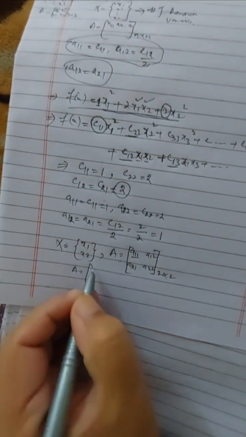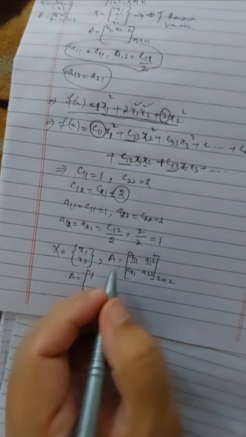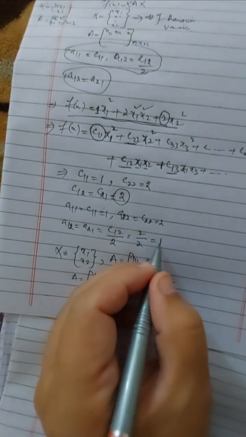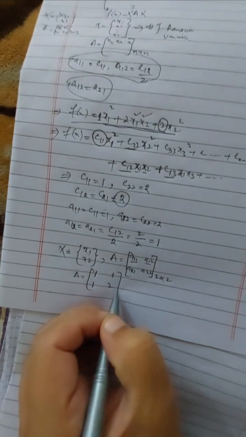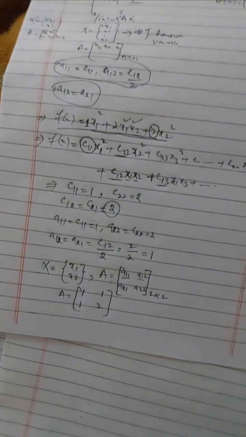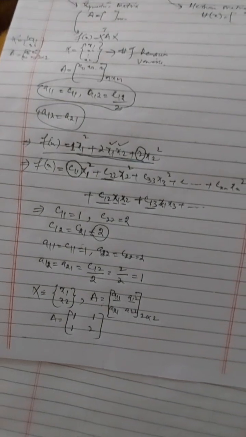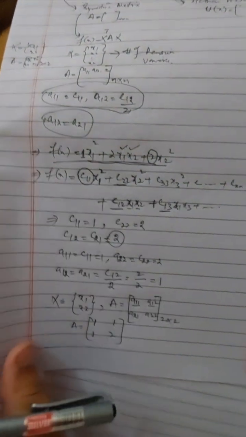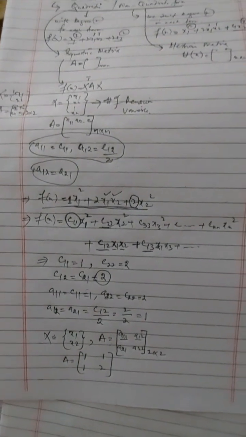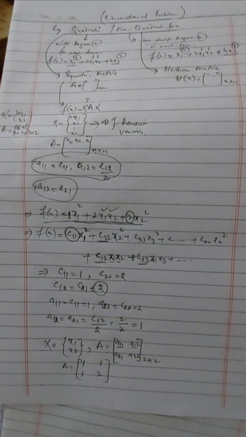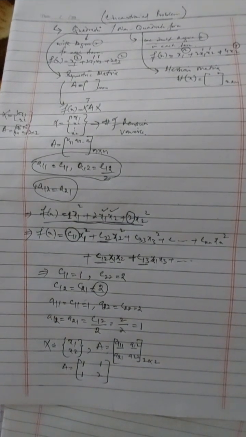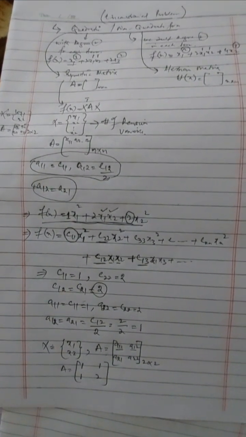So a12 is equal to a21 is equal to 1, so the matrix is 1 1 1 and here it is 2. So this is the symmetric matrix that can be used to solve this function. Now I will go to the non-quadratic forms and we will find the Hessian matrix.